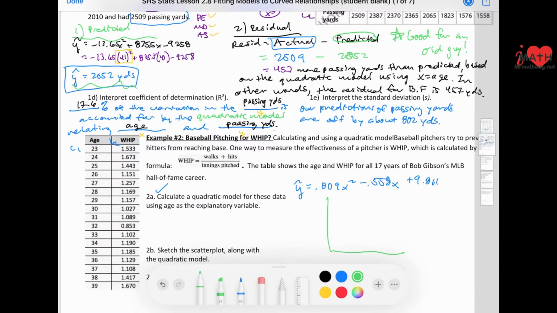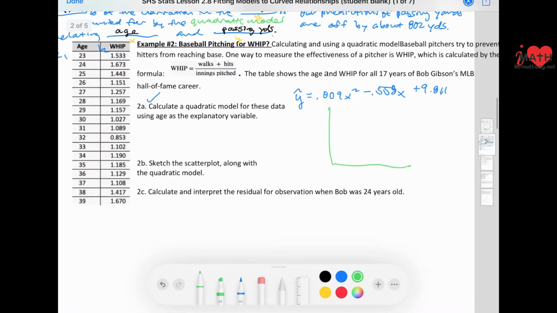You're going to have his age and you're going to have his WHIP over there. Just have a bunch of points. Kind of look like that. And of course, we can use a quadratic model for this one.